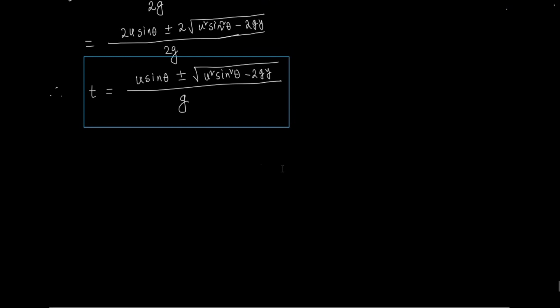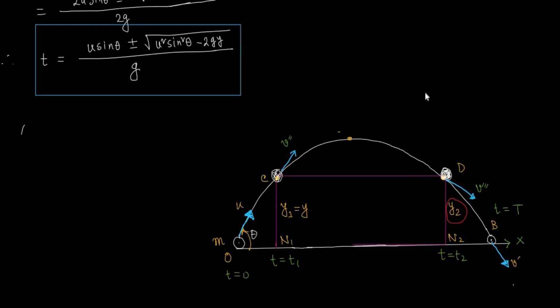Now if we consider the diagram, t2 is greater than t1; that is, the instant of time at which the projectile reaches the point D, t2, is greater than the instant of time at which the projectile was at the point C, t1.